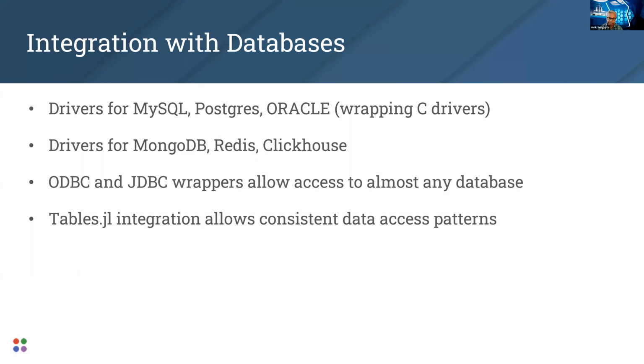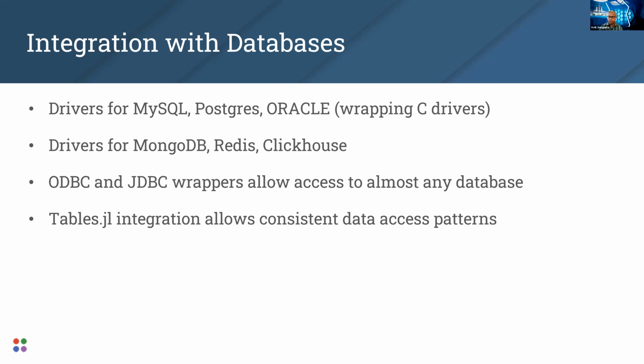Last but not least, if you're deploying anything to production, you probably have your data in some database, relational or not. And at this point, people have been working on Julia database libraries for many years now. And so our database libraries are as good as what you would get in other languages.